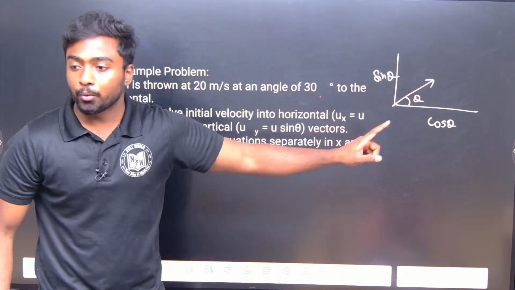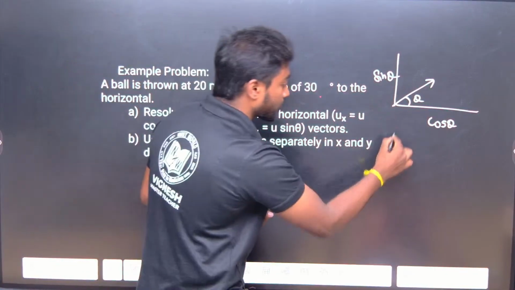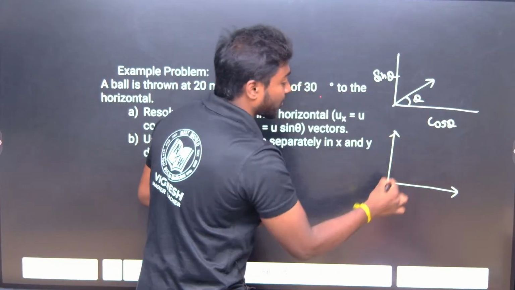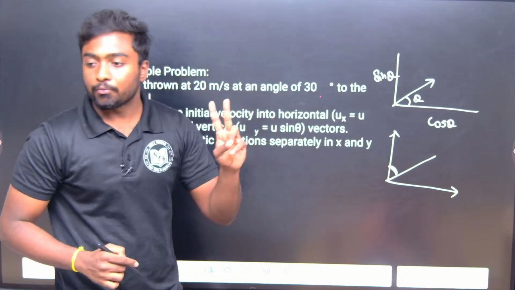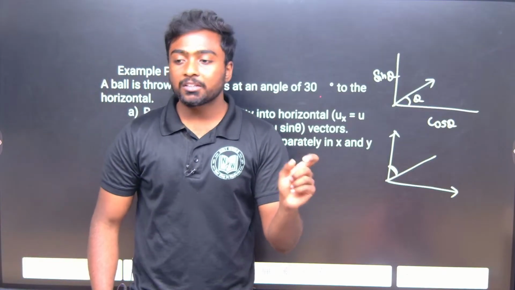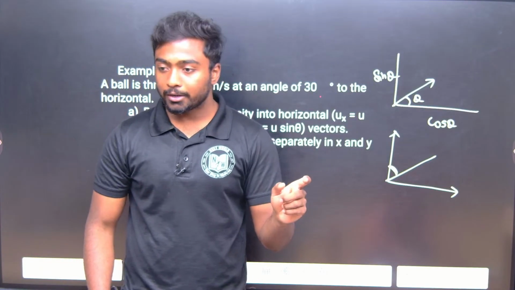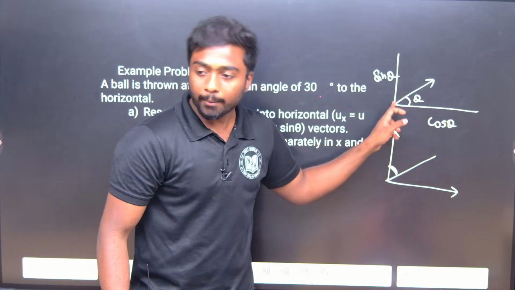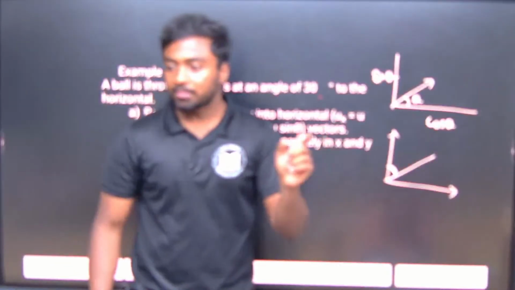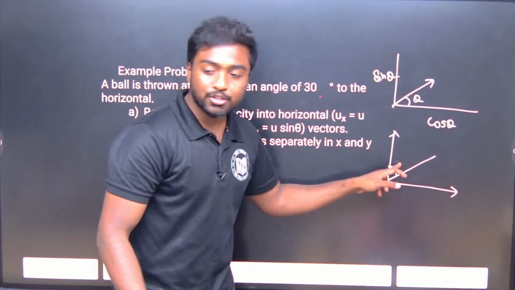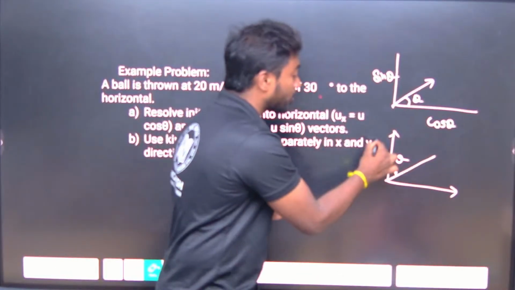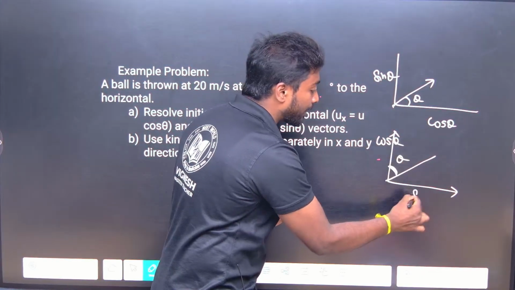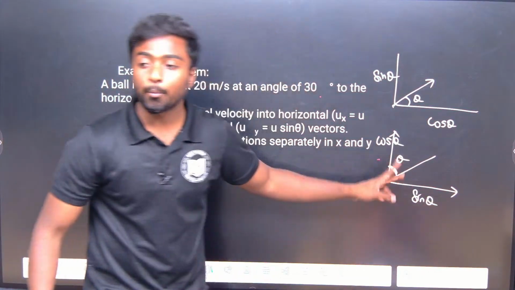With respect to the vertical, this is my vertical. If a question says the object is thrown with respect to horizontal, I should make a diagram like this. If the object is thrown with respect to vertical, I should make a diagram like this. With respect to vertical, theta is here, so this one will be my cos theta, this is my sin theta. So this is about the components.